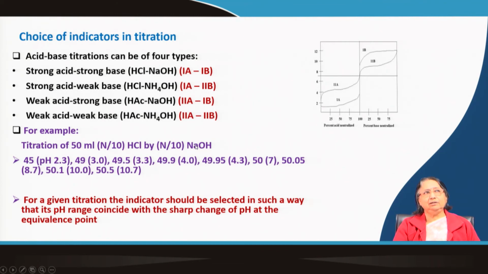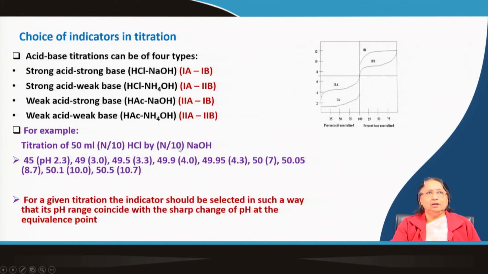Then you have started your titration. Basically the neutralization point should come when you add 50 milliliter of NaOH, because you have taken 50 milliliter of HCl and the strength is the same.